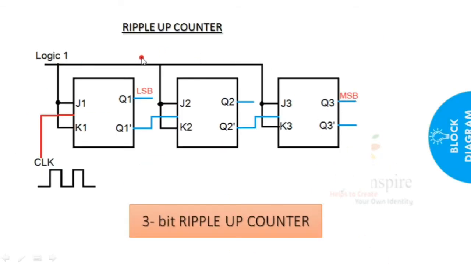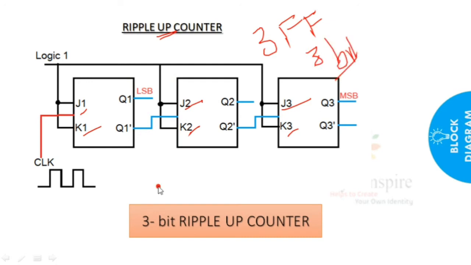See here, this is the block diagram of a ripple counter in which I am going to consider JK flip-flops to design this ripple up counter. This circuit or block diagram is used to count. 1, 2, 3: 3 flip-flops means 3 bits. So this is a 3-bit ripple up counter.